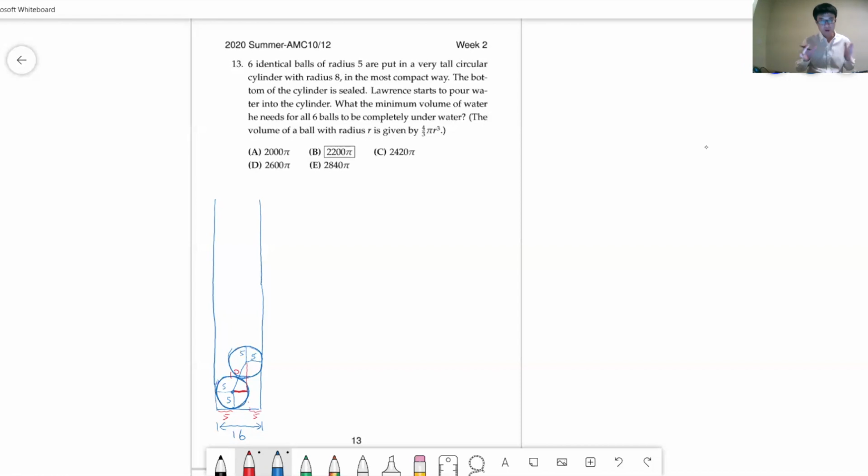The diameter of the cylinder is 16, so this part is 6. And we see this is a right triangle. 10, 6, so the height is 8.